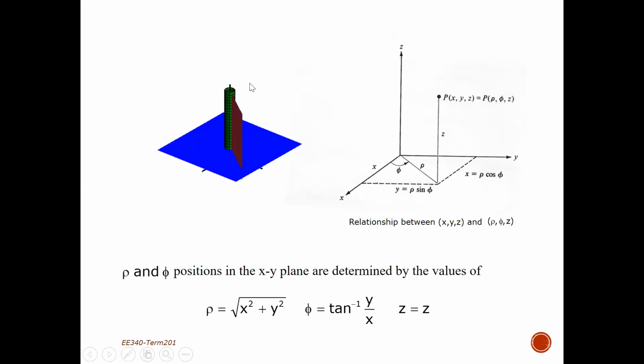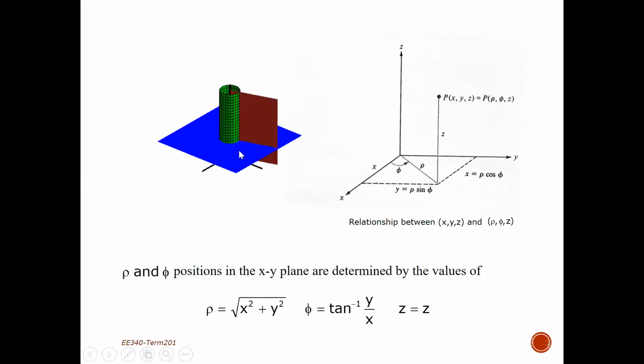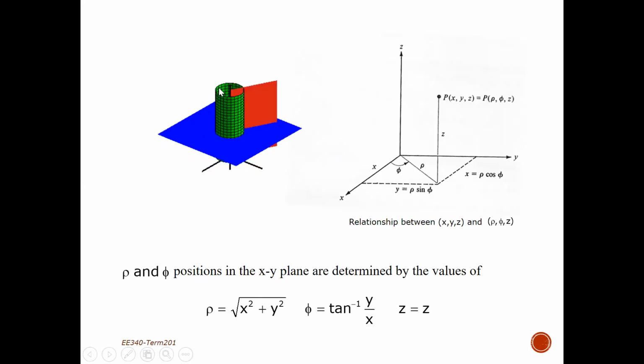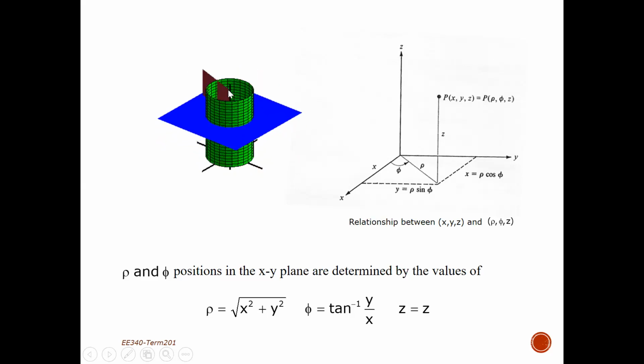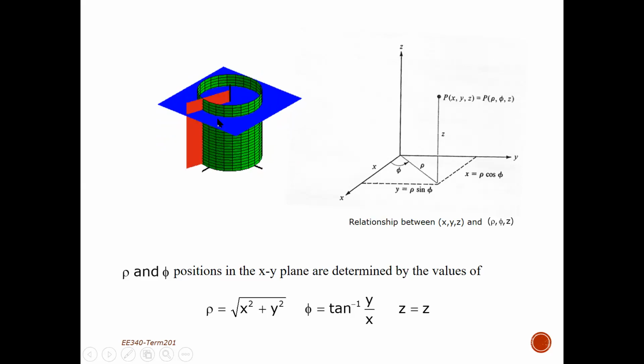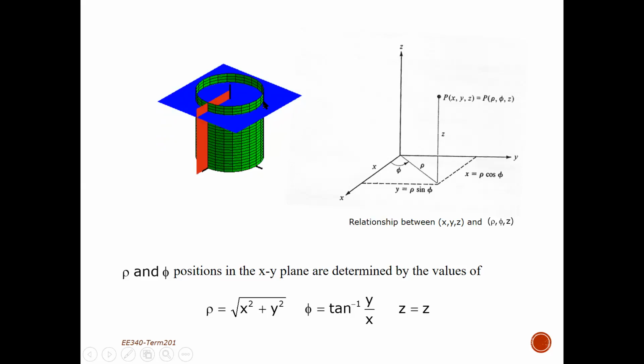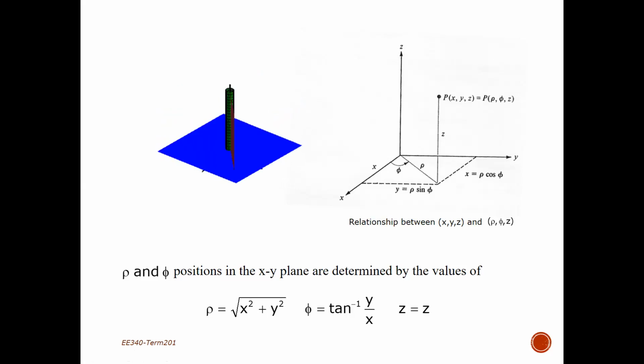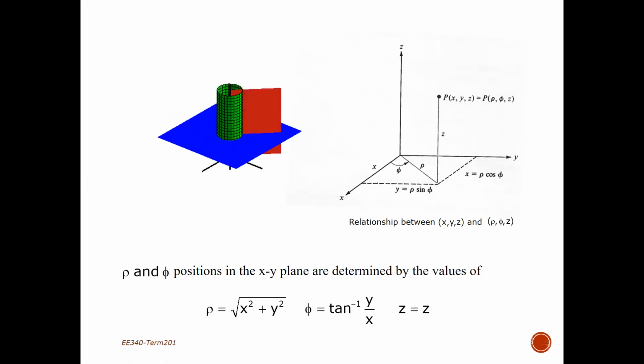In cylindrical coordinates, you have three planes, but one plane is a cylindrical plane, another is a rotating plane, and the third plane, this blue one, is nothing but your z plane.